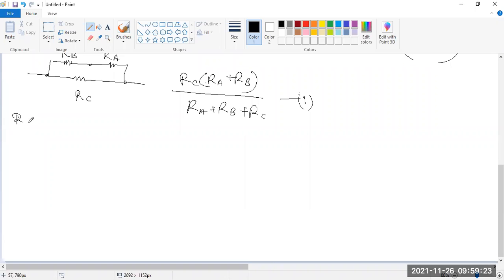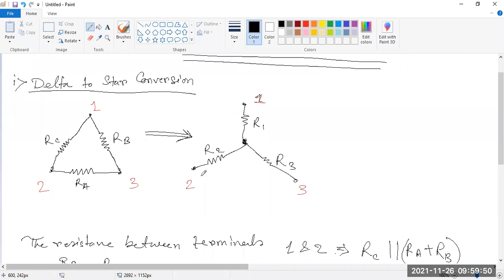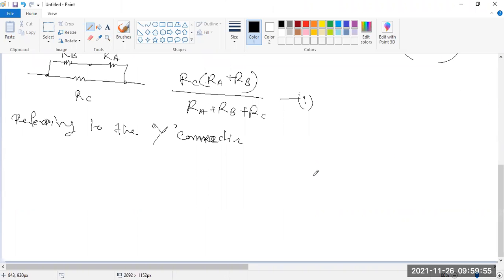Now referring to the star connection or Y connection, in the figure you can see this is 1 and 2, here is the resistance, and 3 is open, so you can say only that is 1 and that is 2.